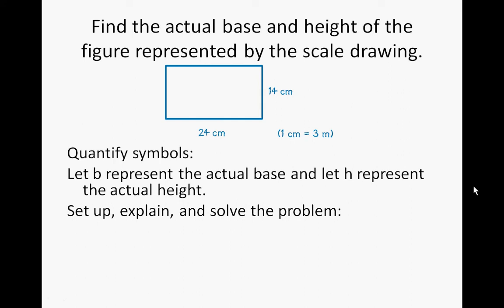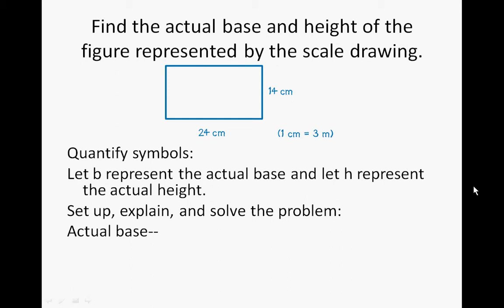All right, set up, explain, and solve the problem. I'll give you a hint: it's actually two problems. So go ahead and see if you can set up and solve the problem, and then check to see if you were correct. All right, here is our explanation. First, I started off with the actual base. If you started off with solving the actual height, that's fine too.